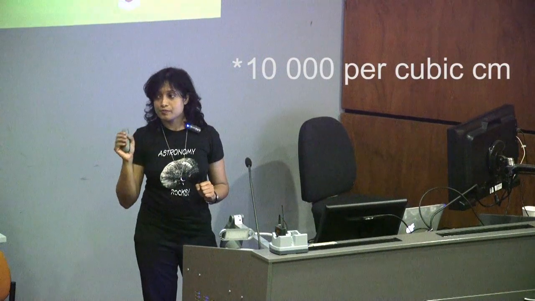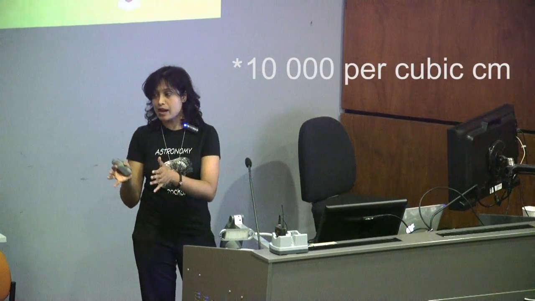That means 1,000 ammonia molecules you can find in 1 centimeter cube of gas. So if you can find ammonia, you can possibly find the zone where massive stars are forming.